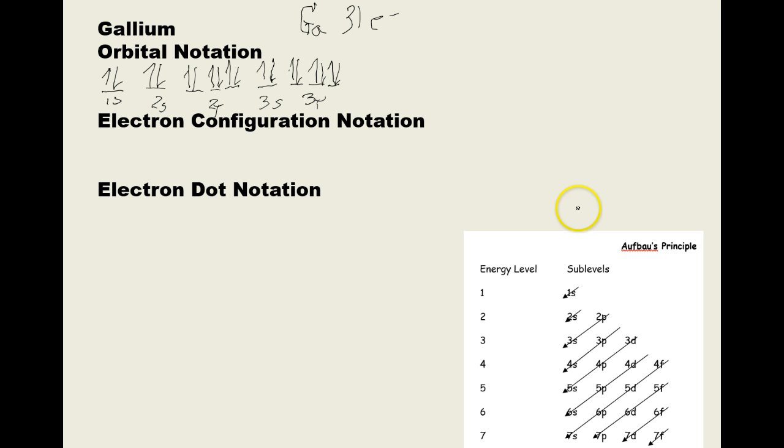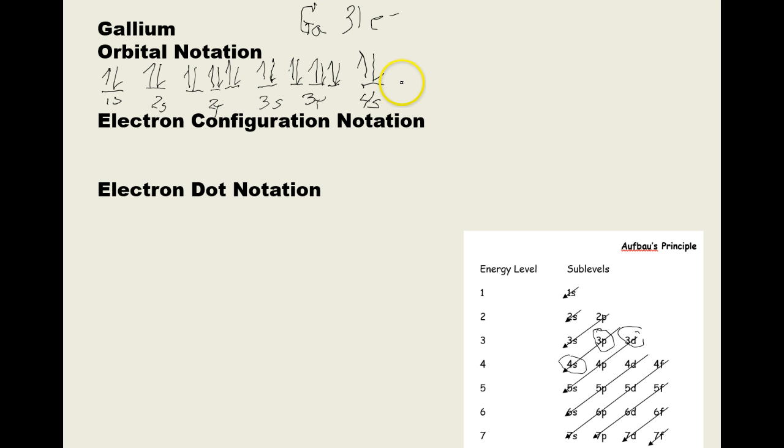Now, look at this. After the 3p, we're going into the 4s. It's an S sublevel, so it only has 1 orbital. So 4s, 1 orbital, but we're going to put 2 electrons in it. Now, after the 4s, we come up here to the 3d.